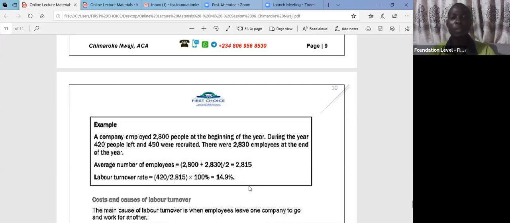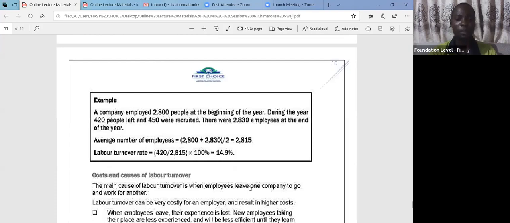The average number of employees is the number of people at the beginning plus the number at the end, added and divided by 2. That's the average. Then the number of people who left is not the number of people who were recruited. So the number of people who left is what we use to divide by the average.